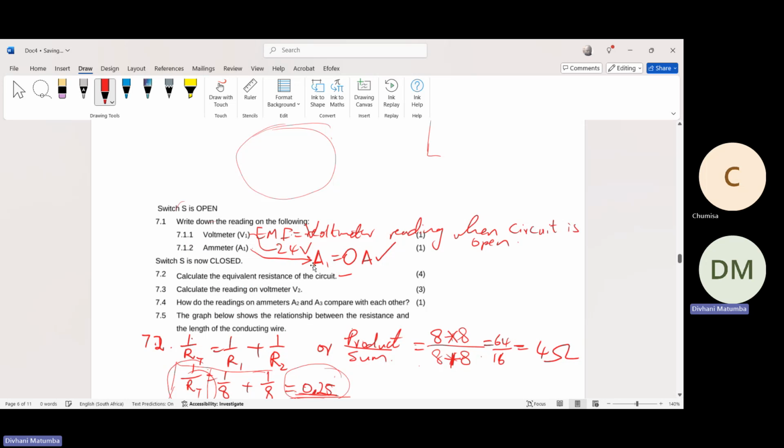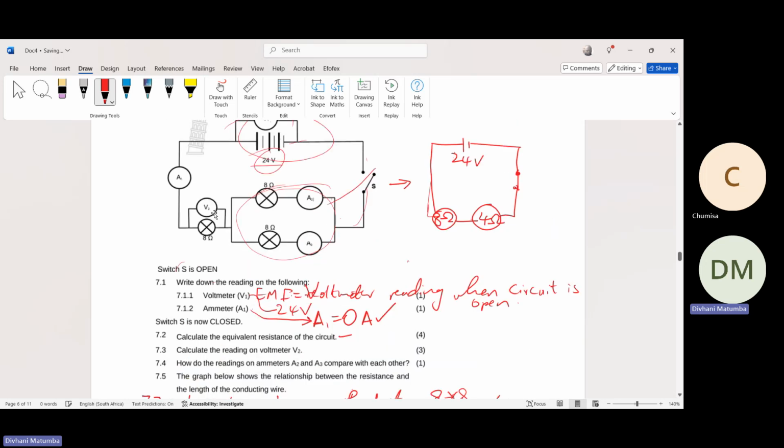You are talking about the total resistance, but V2 is across the 8 ohm resistor only. Remember, whatever the battery supplies will be divided among the resistors, so we want to see how much will be divided into this resistor.